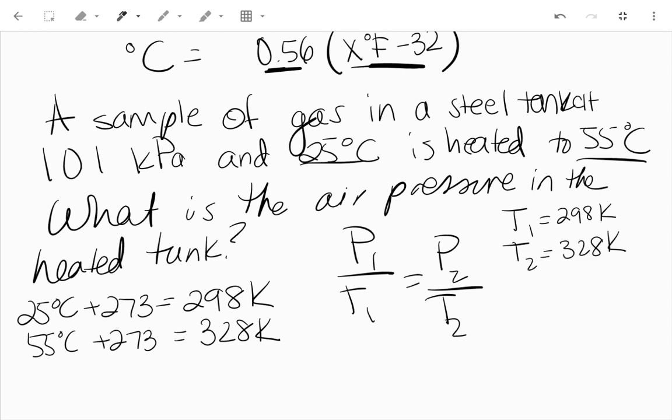And, okay, a sample of a gas in a steel tank, 101 kilopascals. So then my initial pressure is going to be 101 kilopascals, which means I'm missing my last pressure, my final one. So I'm going to go ahead and modify my equation to isolate P2.